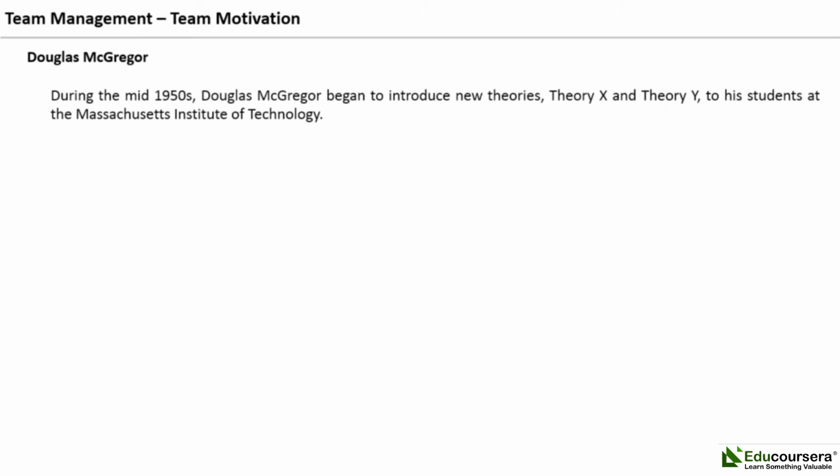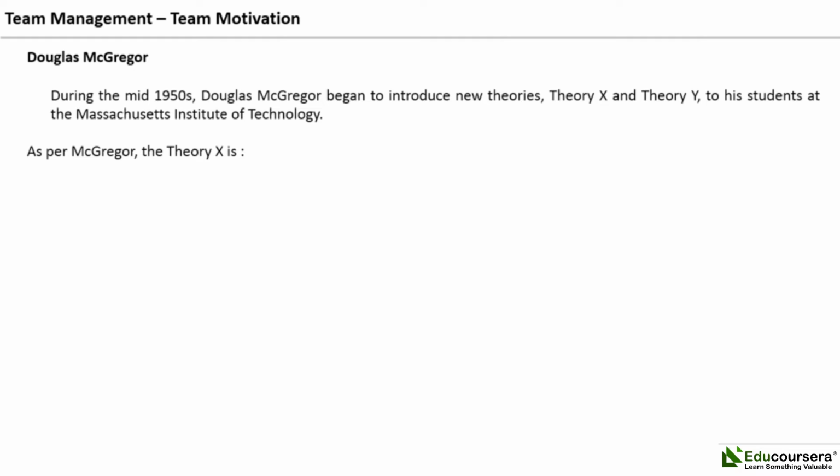Douglas McGregor. During the mid-1950s, Douglas McGregor began to introduce new theories, Theory X and Theory Y, to his students at the Massachusetts Institute of Technology. McGregor contended that traditional management practices were rooted in certain basic negative assumptions about people.